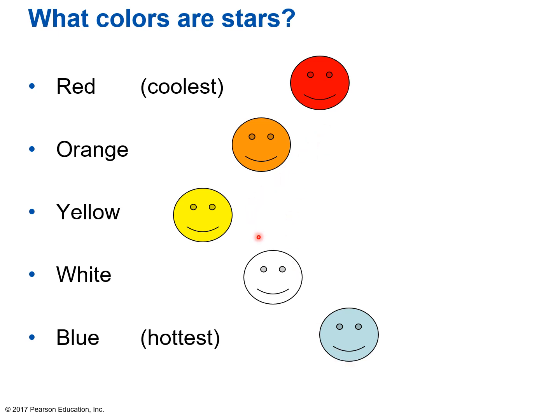Now, these are all matters of perception. And sometimes two people looking at the same star, one might say that's a red star, the other might see it as an orange star. So some of it is perception. But again, in general, we regard stars as having these five different colors: red, orange, yellow, white, and blue. Important to note, there are no green stars and there are no purple stars.